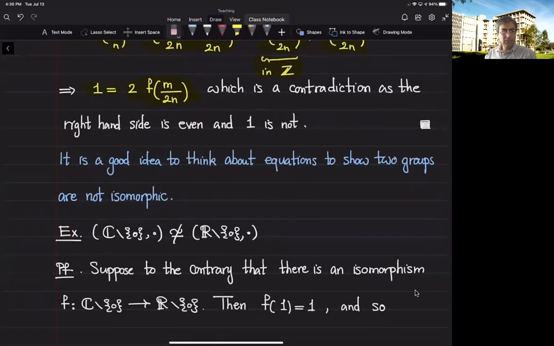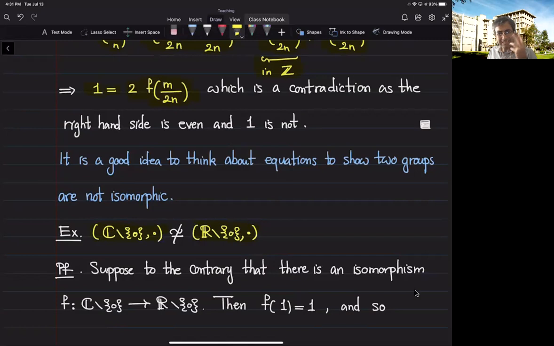We want to show that non-zero complex numbers under multiplication are not isomorphic to non-zero real numbers under multiplication. So again, suppose to the contrary that there is an isomorphism, and I want to think about an equation in here that's not satisfied in this one. Immediately, we can think about something like x squared equals -1.